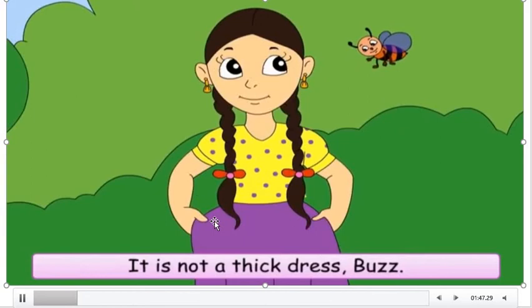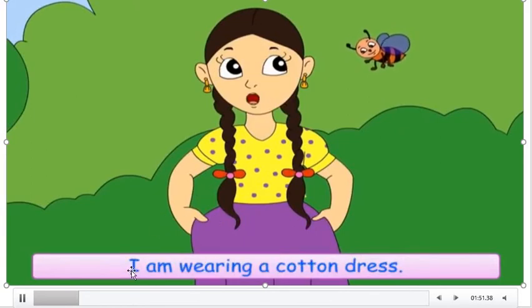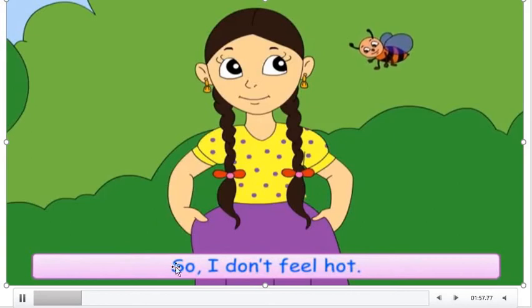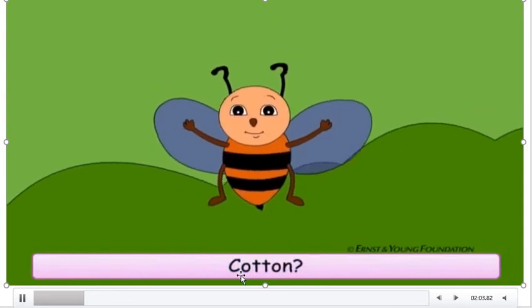Actually the dress Meenu is wearing is not thick at all. "I am wearing a cotton dress," this is what Meenu says. Which dress is she wearing, students? She is wearing a cotton dress because it is summer season. Obviously she is wearing a cotton dress because it is very good for summer. So Meenu is not feeling hot at all in the summer, though it is very hot.